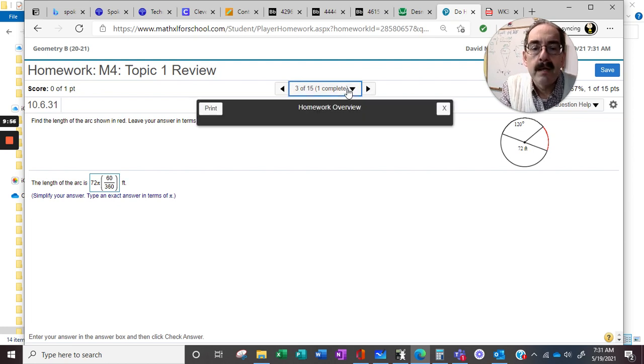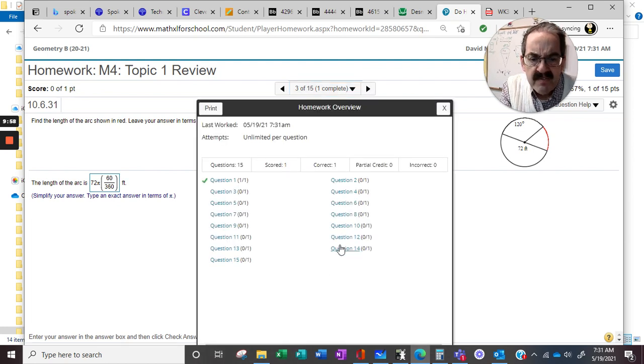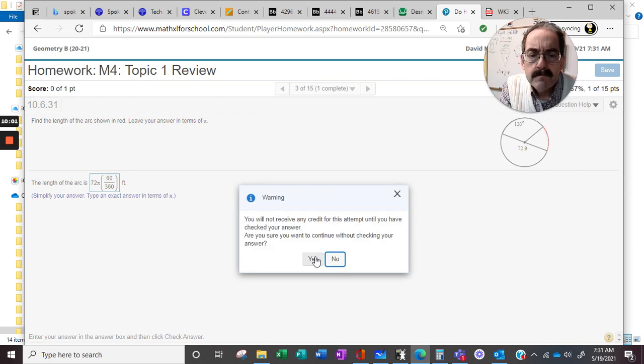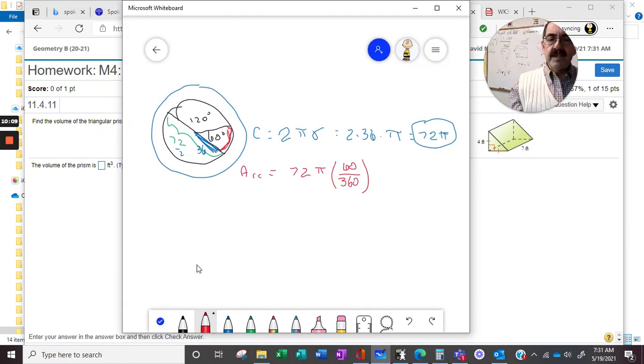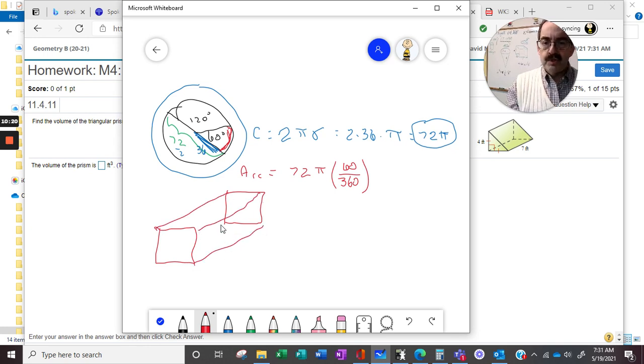Let's do one of these higher ones. Let's see if we can figure one of these out. So we want volume. Volume of a triangular prism. Well, this one isn't as hard as it seems because, whoosh, whoosh, whoosh, right? Length times width times height. 4, 4, 7.